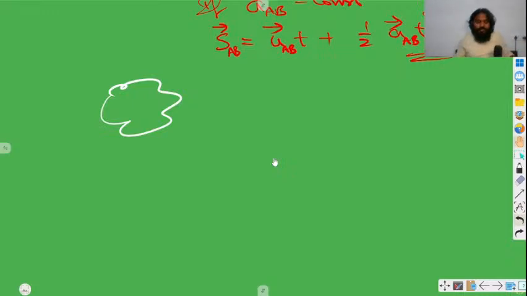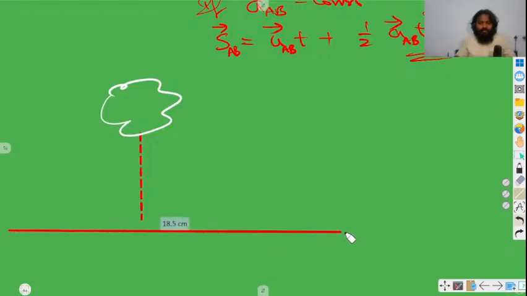If you observe carefully, the rain is falling vertically, in a straight line. This is a vertical line, and this is horizontal, and this is a vertical line. Just imagine the rain is falling vertically.